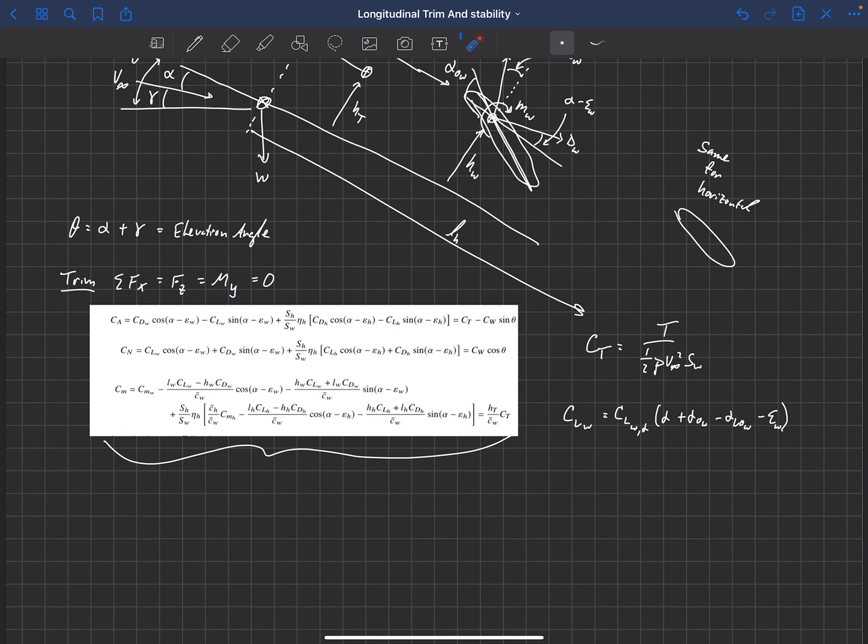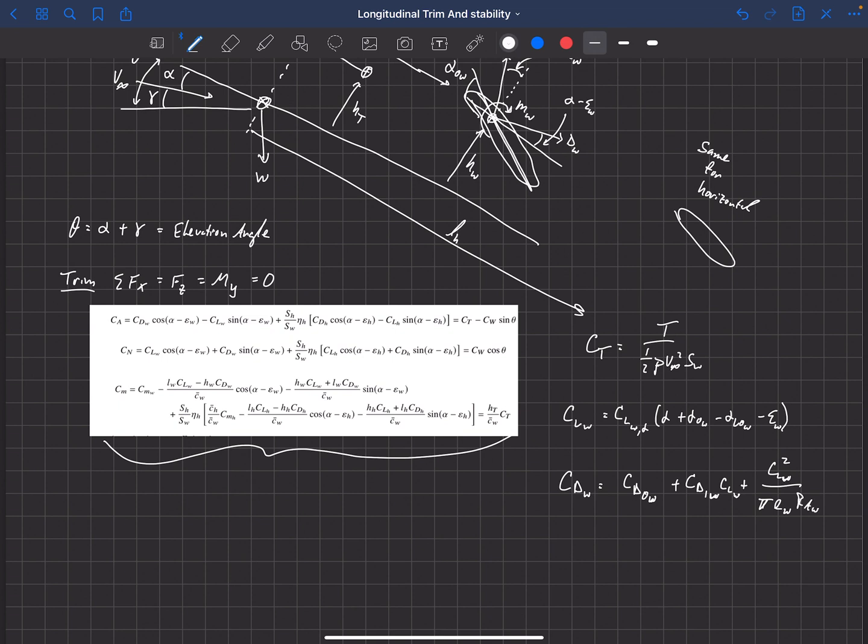One other thing that we need to point out is the drag on the wing, for example. The drag on the wing is related to the lift on the wing, so we would say it's some C_D naught for the wing plus C_D1 from the wing times C_L, plus C_L, and that's the lift on the wing, squared over pi times the Oswald efficiency factor, epsilon wing, times the aspect ratio of the wing.